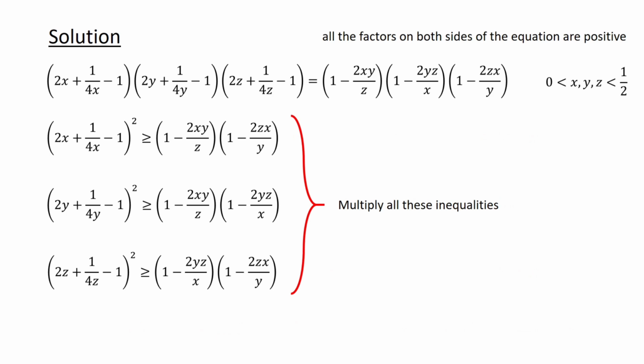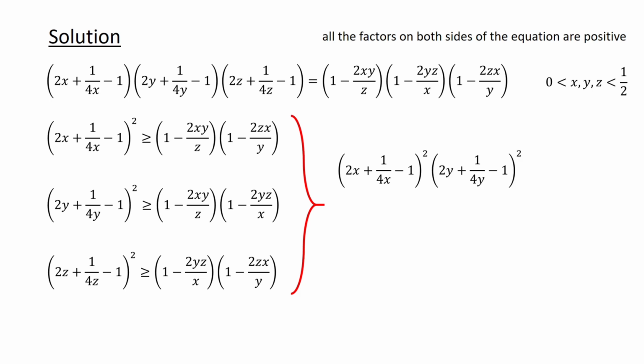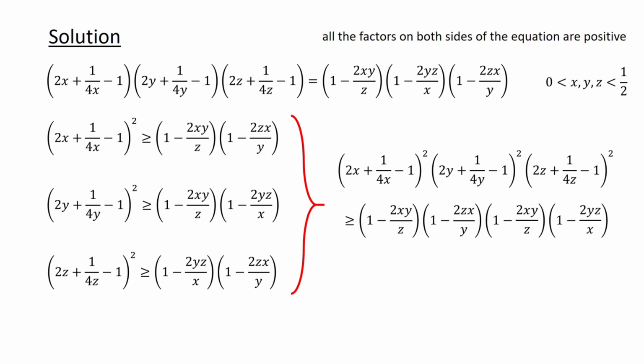Next, we multiply all these inequalities to obtain 2x plus 1 over 4x minus 1 whole square times 2y plus 1 over 4y minus 1 whole square times 2z plus 1 over 4z minus 1 whole square is greater than or equal to 1 minus 2xy over z times 1 minus 2zx over y times 1 minus 2xy over z times 1 minus 2yz over x times 1 minus 2yz over x times 1 minus 2zx over y.